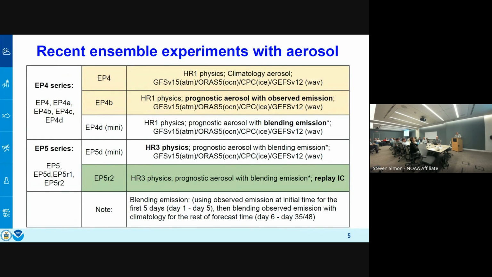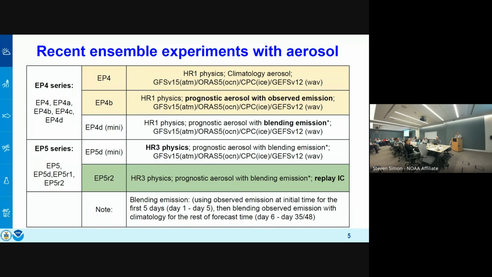This table shows only EP4 and EP5, because starting from EP4, we have aerosol coupling. Also starting from EP4, we have multiple small experiments, or small prototypes. You see here, for EP4, we have EP4A, B, C, and D. Basically, the mini-set experiments usually just do some sensitivity tests, or bug fixes, or we change the initial conditions.